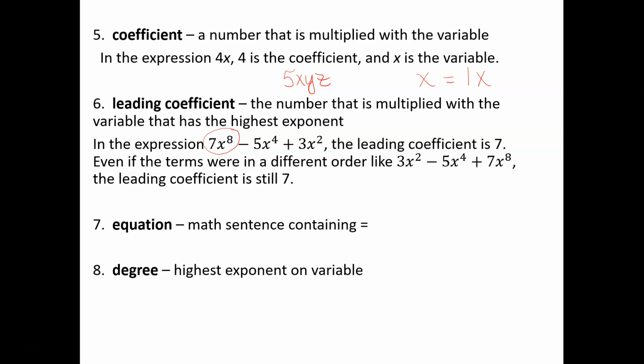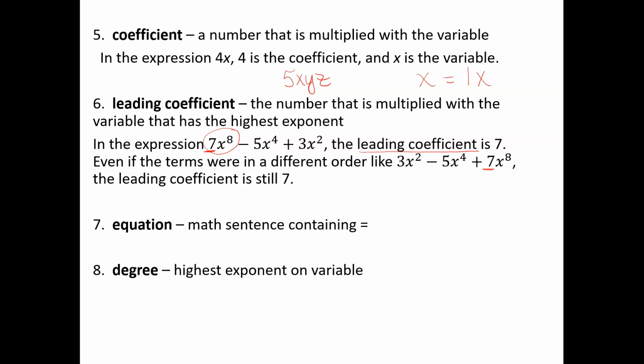And the coefficient of that term is the 7. So 7 is called the leading coefficient of that whole expression. Even if the terms were not in descending order, with the x to the 8th term first, it still would have a leading coefficient of 7. It's always the number in front of the variable with the highest exponent.